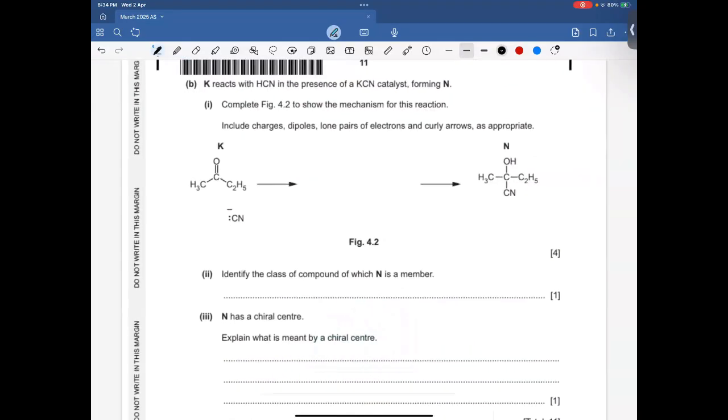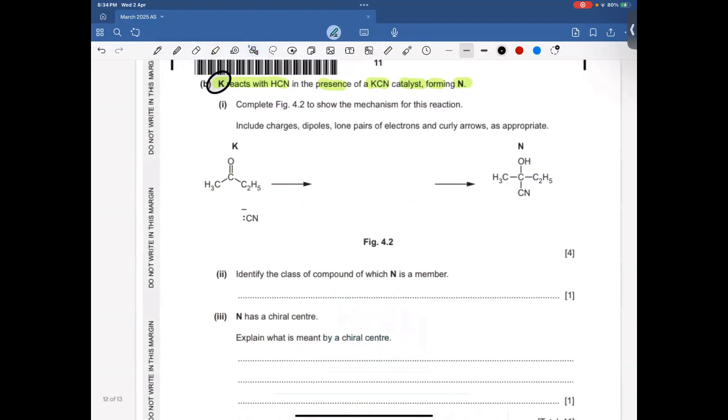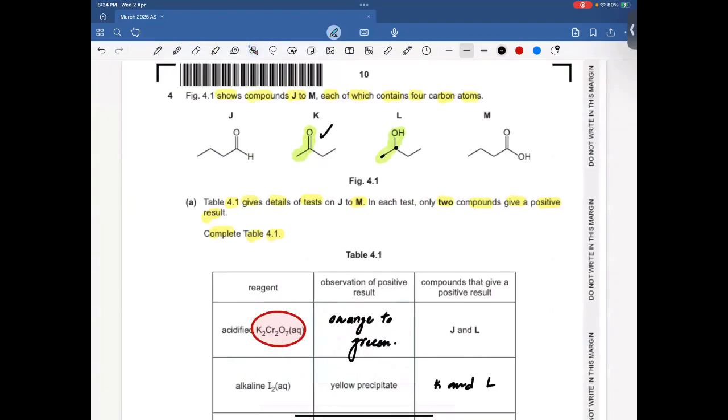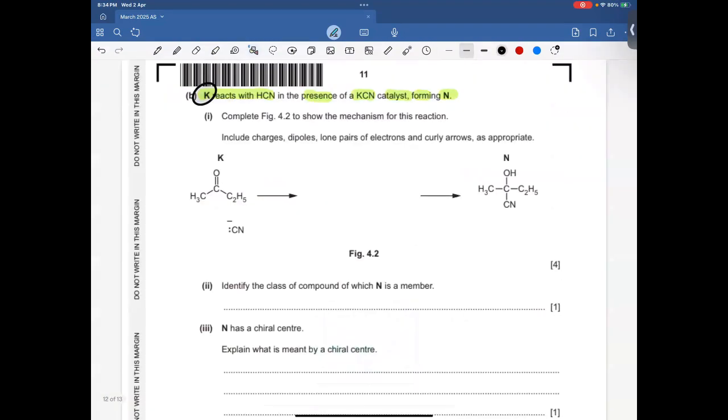Next, K reacts with hydrogen cyanide in the presence of potassium cyanide catalyst, forming N. This K is going to be either aldehyde or ketone. So this is basically ketone. Complete figure 4.2 shows the mechanism of this reaction. Include charges, dipoles, lone pairs of electrons, and curly arrows as appropriate. So this is basically your lone pair.